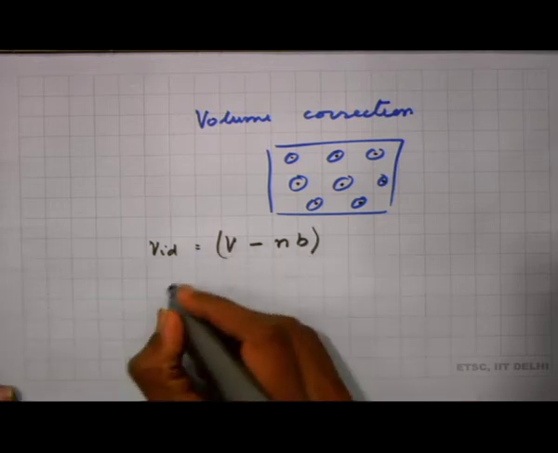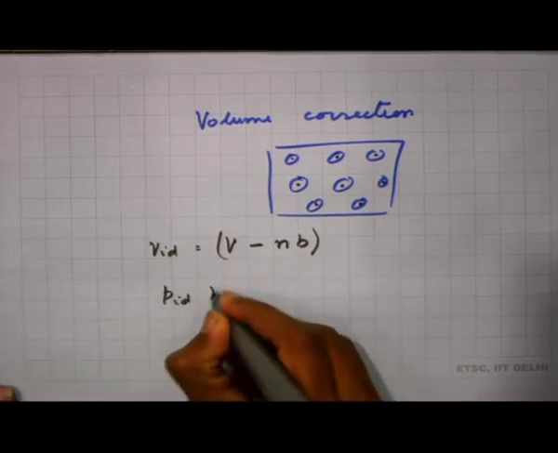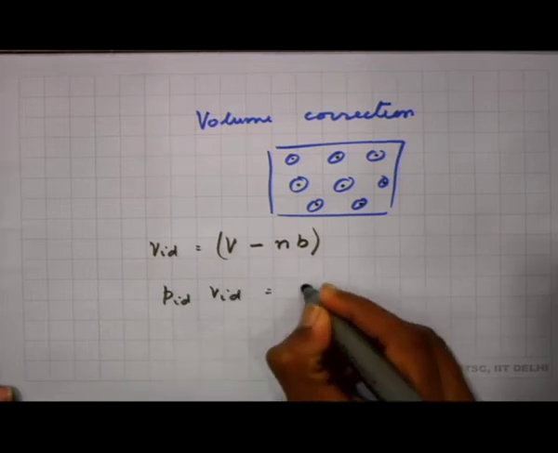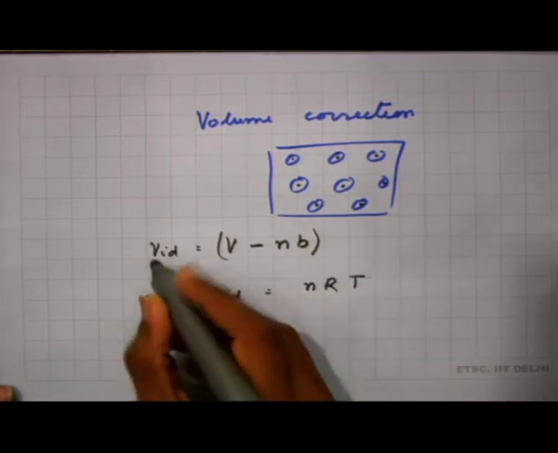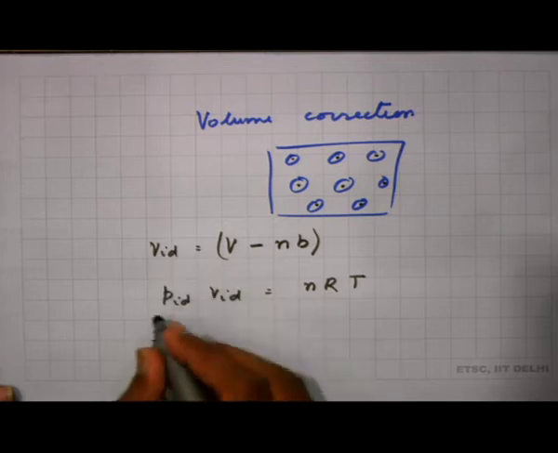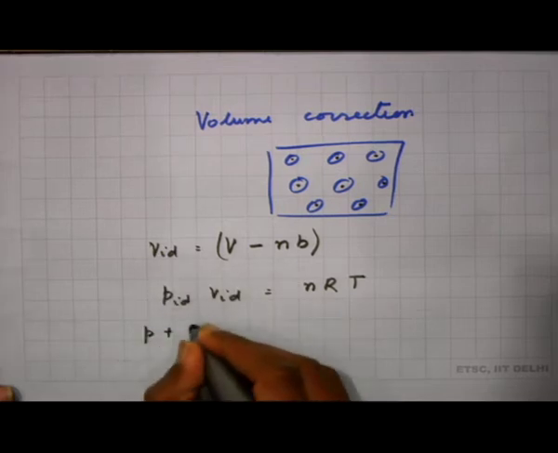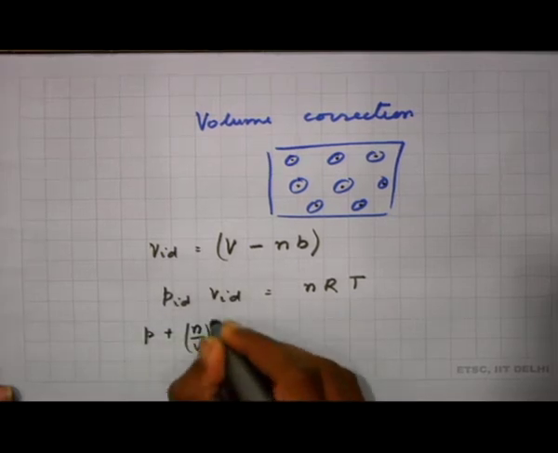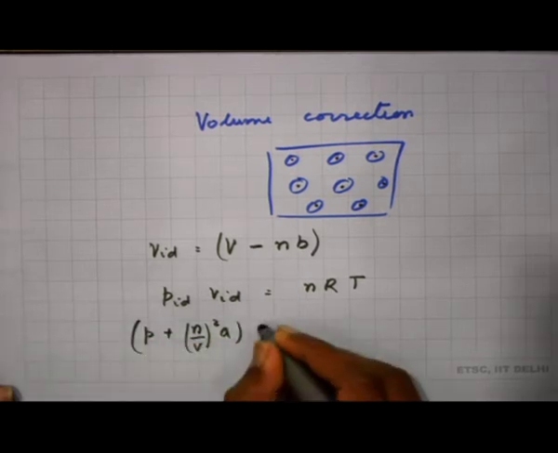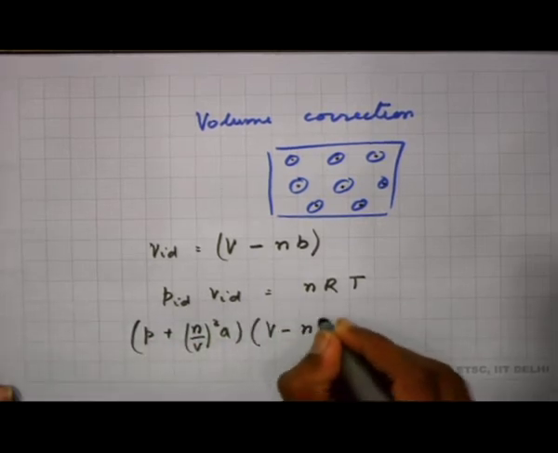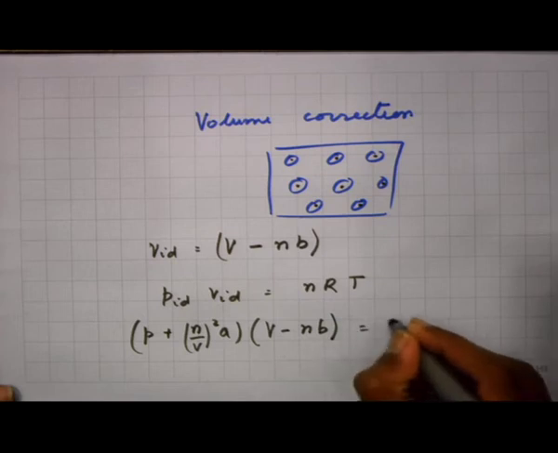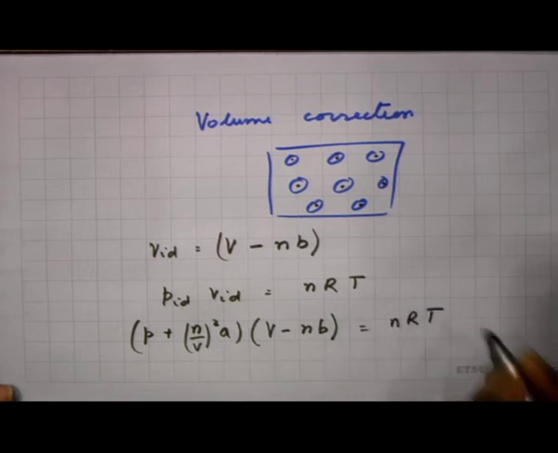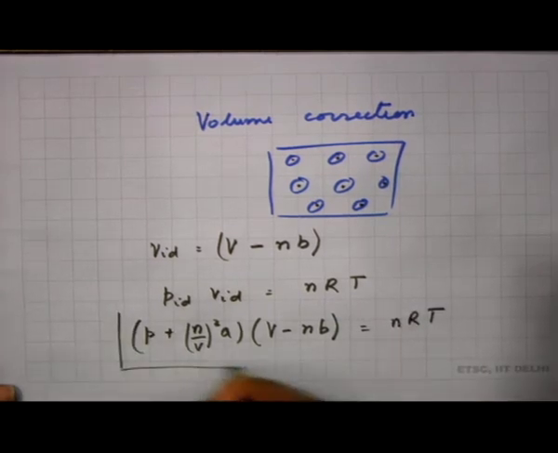Now, you can plug it in. P ideal V ideal is equal to nRT, and the pressure correction is P plus n over V square times A, into V minus nB is equal to nRT, and this is the van der Waals equation of state.